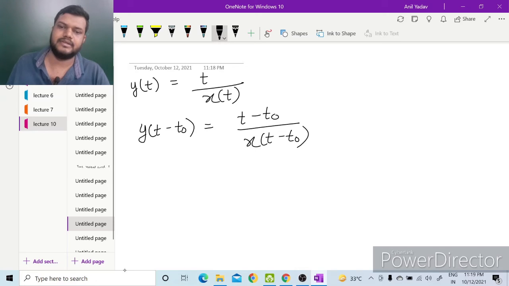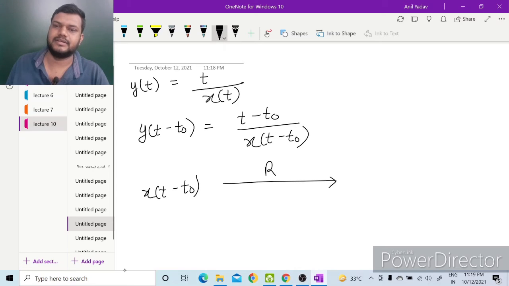Now give the input as x(t minus t naught) and see the response. The system is dividing t by the input, so the response will be t divided by x of t minus t naught. As we can see, these both are not equal, so the system is time variant.